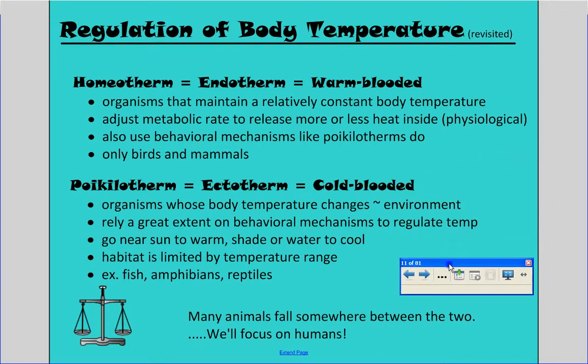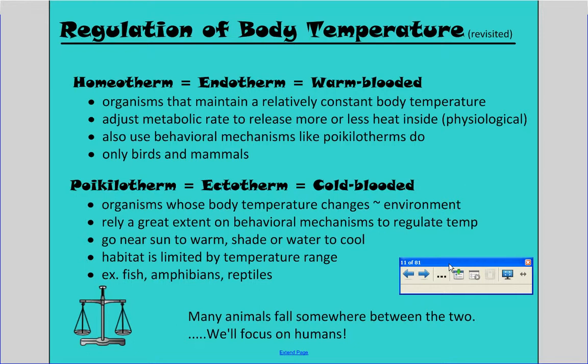Cold-blooded. The other terms used for cold-blooded organisms are poikilotherm or ectotherm, and basically they're organisms whose body temperature relies on the environment. So if it's cold out, then their body temperature is going to be cold. If it's warmer in a certain area, then their body temperature is going to be warm. So they rely to a great extent on behavioral mechanisms.